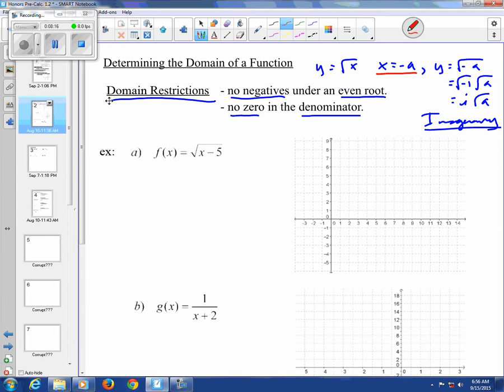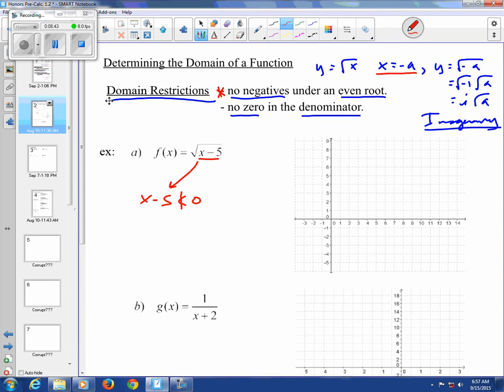So right here, when I'm identifying the domain for a function like our f of x, what I want to do is identify the restriction. I'm going to take the expression in the function that could potentially violate this restriction and solve for all the x values that will violate it. So here, I've got x minus 5, and I'm going to say, where is this going to be less than 0, or negative?